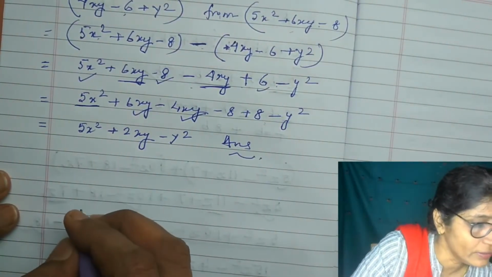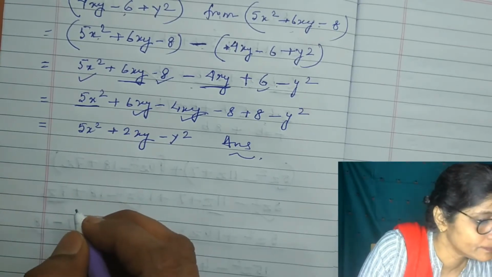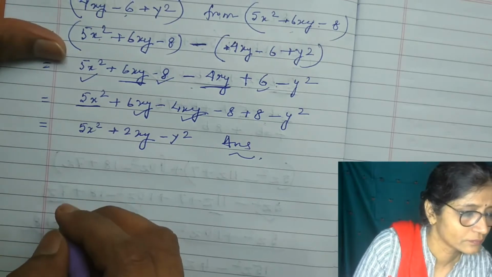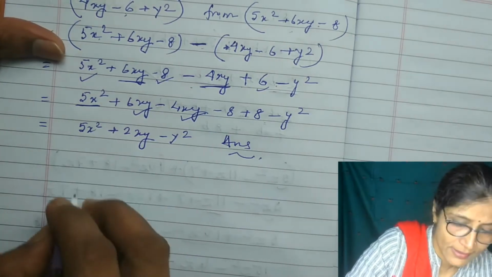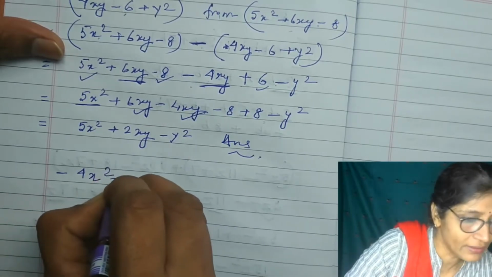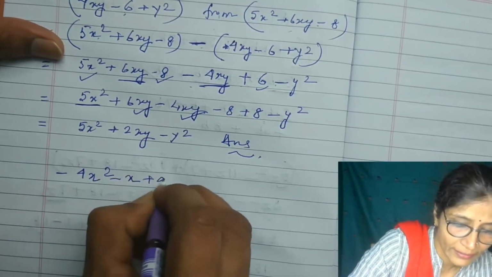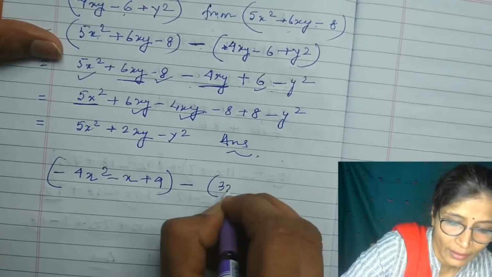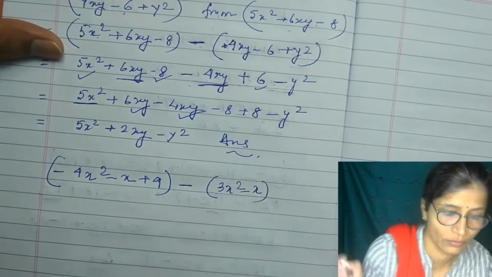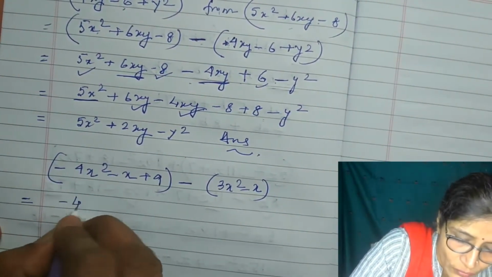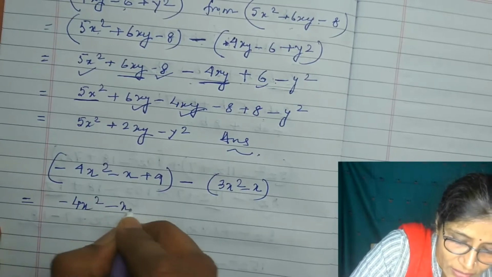Suppose this is given: minus 4x square minus x plus 9, and here directly given to you minus 3x square minus x. So what you will write here is equal to minus 4x square minus x plus 4.